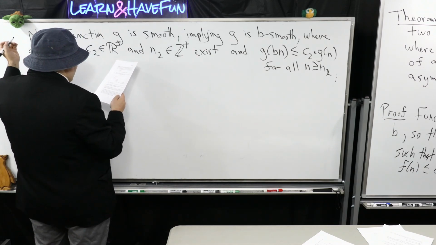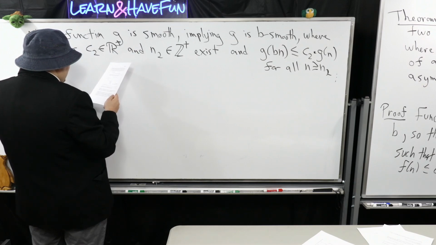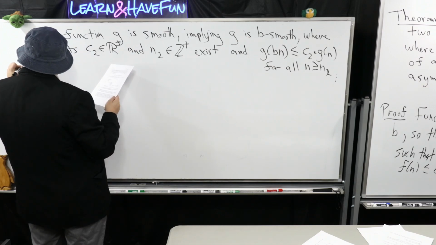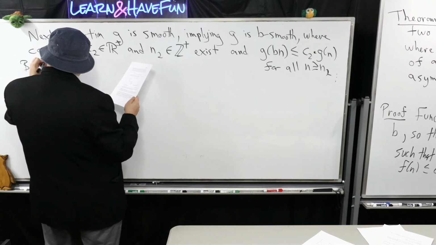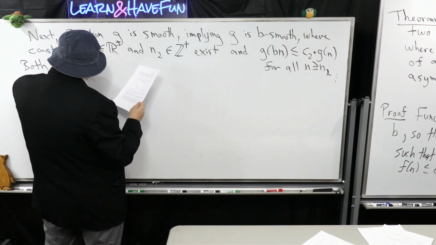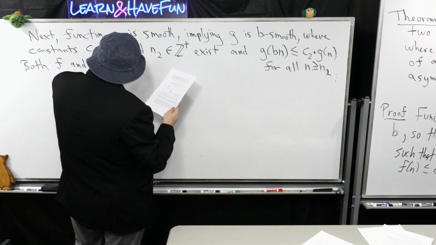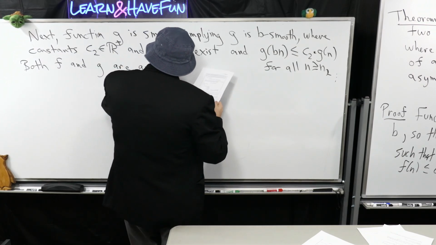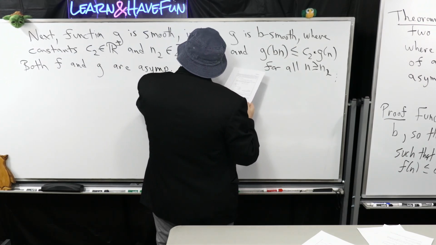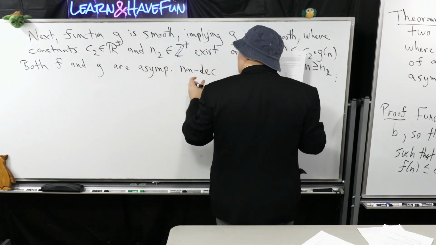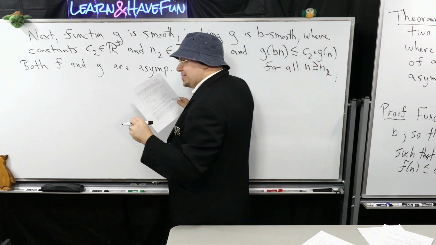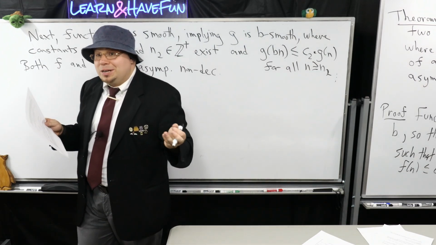So anyways, now we have this. Now we're going to invoke the fact that f and g are both asymptotically non-decreasing. And remember, the main reason why we know g is asymptotically non-decreasing is because it's smooth.